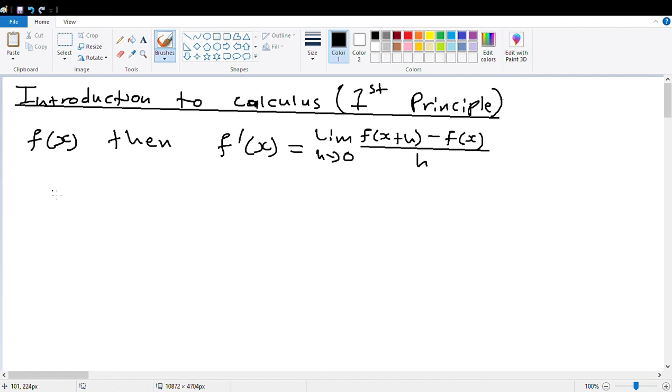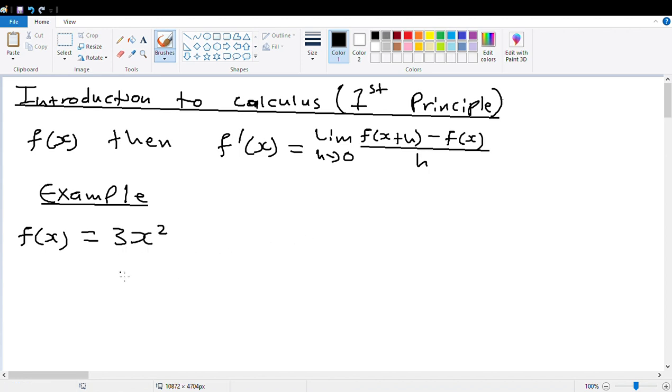So now let's take an example. Suppose you are given a function f of x is equal to, let's say, 3x squared.